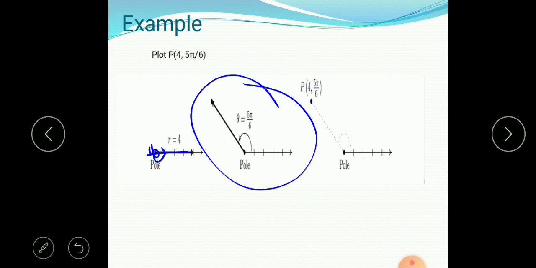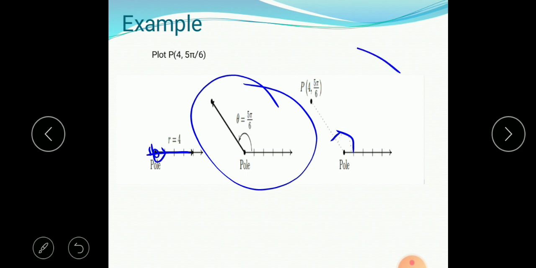We may also visualize this process by thinking of the rotation first. To plot the point (4, 5π/6) this way, we rotate 5π/6 counterclockwise from the polar axis, then move outwards from the pole 4 units.